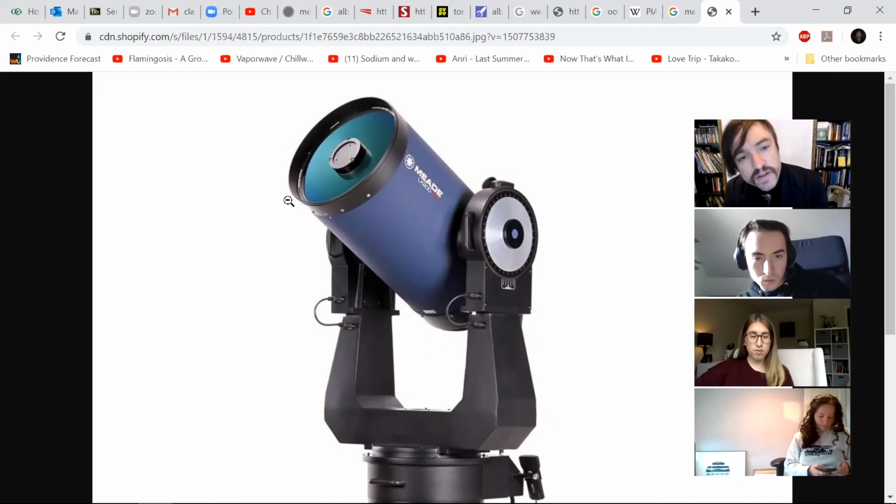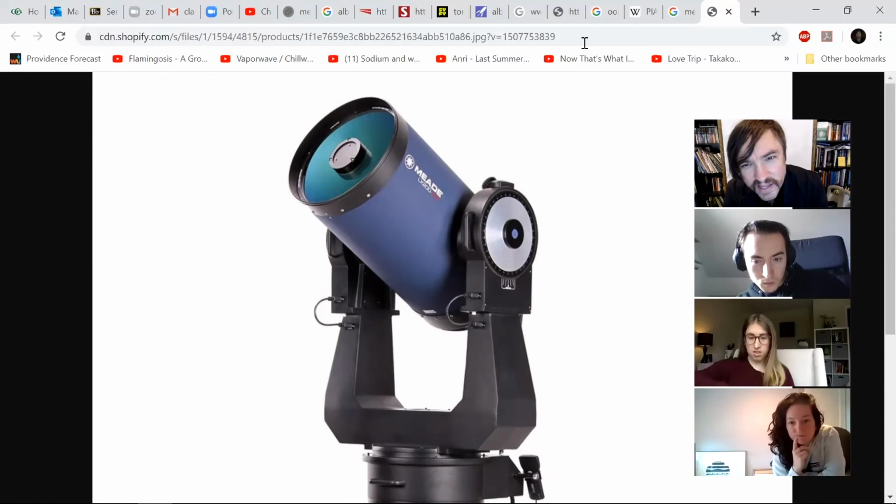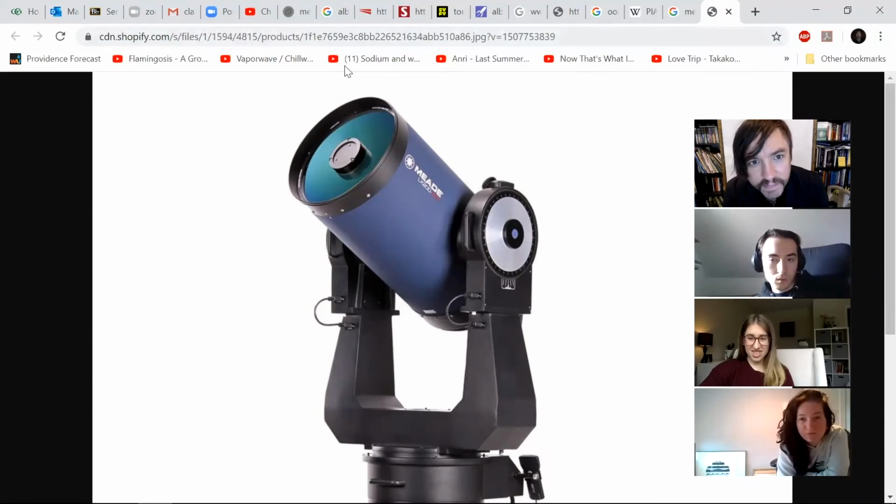And astronomers usually try to make the aperture the same size as the diameter of the mirror below. The aperture does get a little bit blocked by the secondary mirror, but that's a story for another day. Basically, the diameter of this telescope is 16 inches, which translates to about 0.4 meters. It operates at optical wavelengths because it's meant for people to look through and enjoy the nighttime sky.